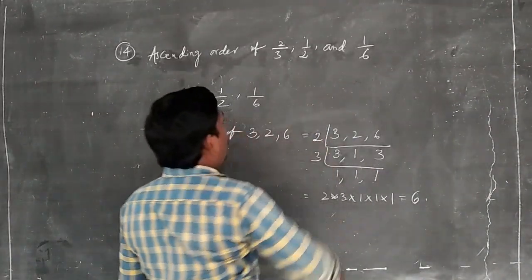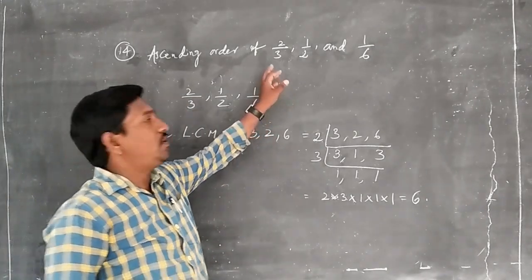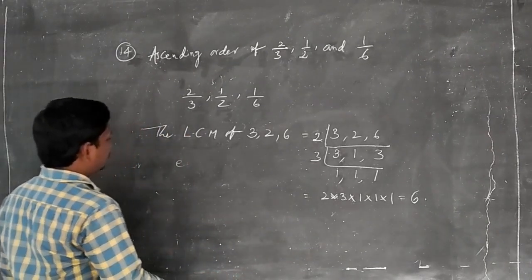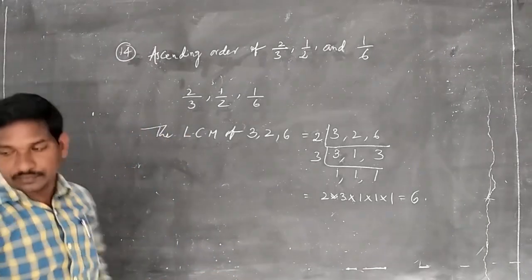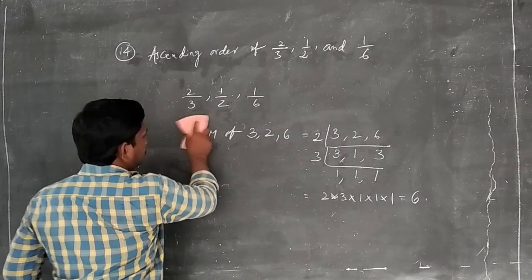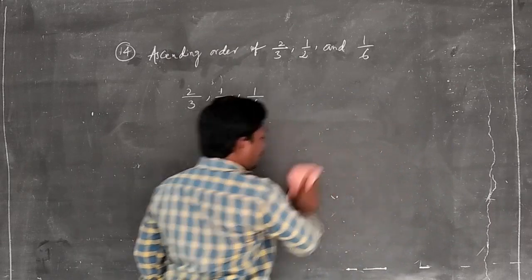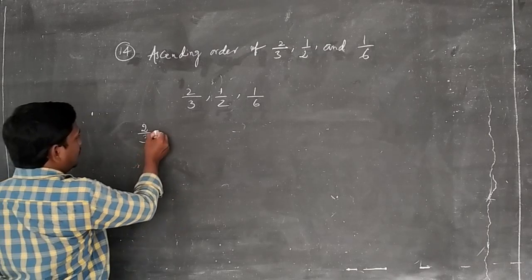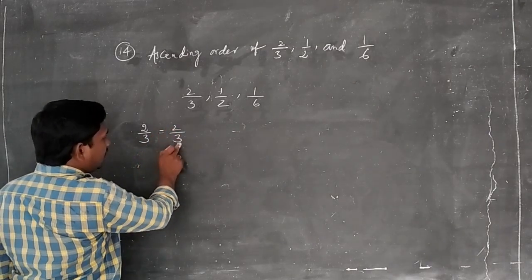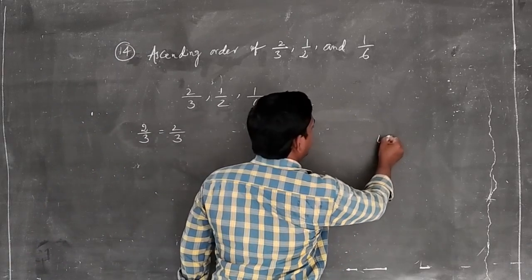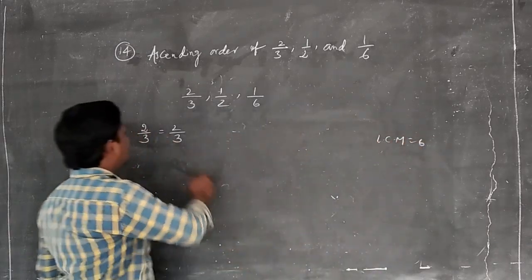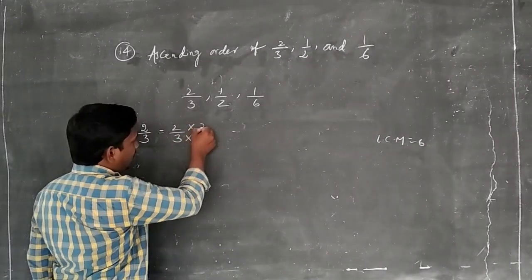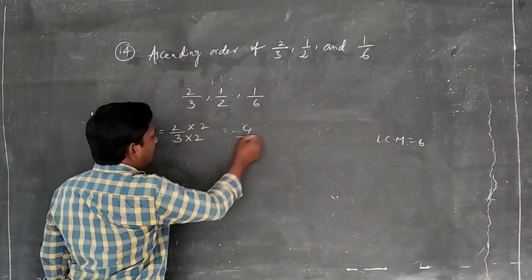So the denominators of all the fractions should be equal to the LCM, which is 6. Now 2 by 3 equals to, if 3 becomes 6, the 3 should be multiplied by 2 as well as the numerator also. 2 2s are 4 by 6.